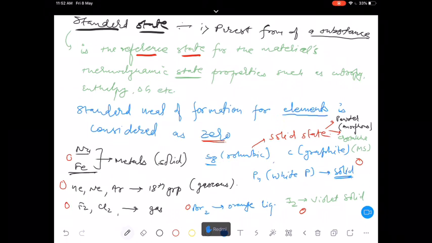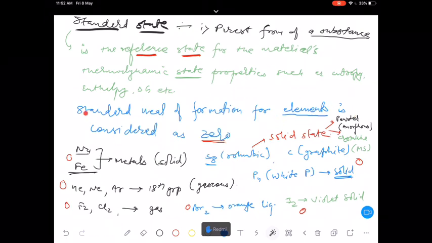You see how I have defined standard state. It is the purest form of substance, even for mixture. Okay, substance I'm writing, not element only. Generally, why do we take it for elements? Because for elements it will be zero. I am not saying for those substances it will be zero, but we need to define standard state also. Here it is the reference state for material.